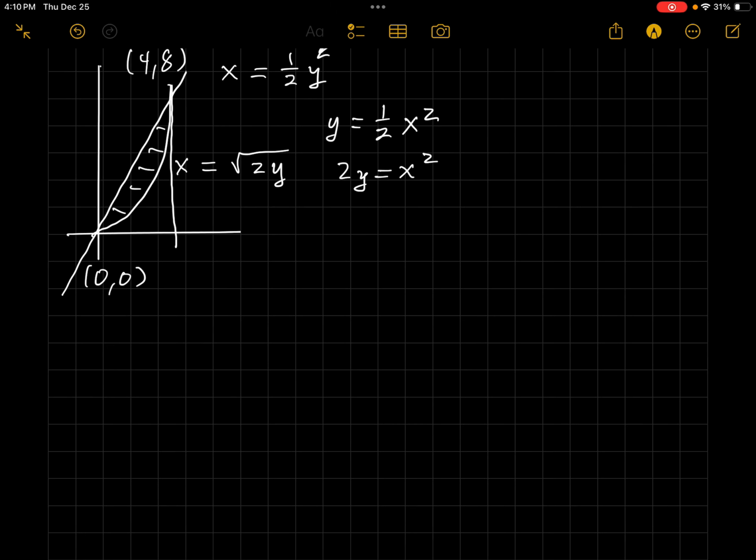And let's revolve this one around the line x equals 4 to start. Empty space means 2 radii.